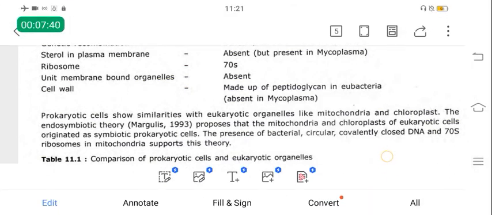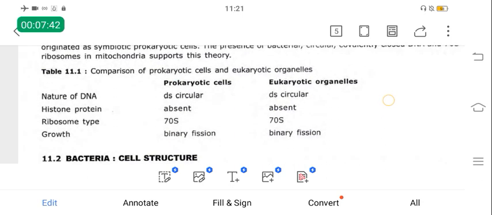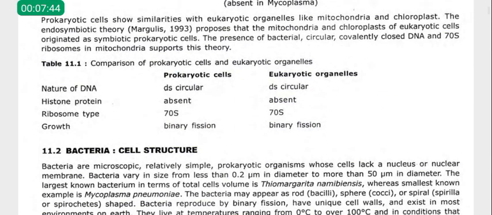Comparison of prokaryotic cell and eukaryotic cell. Here we could see the nature of DNA. In case of prokaryotic cell, it is circular, but in case of eukaryotic organelles, it is circular. Histone protein absent in case of prokaryotic cells, absent in case of eukaryotic cells, and there was some mistake, I guess.